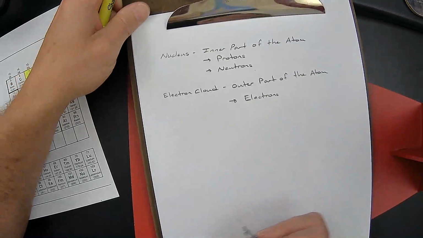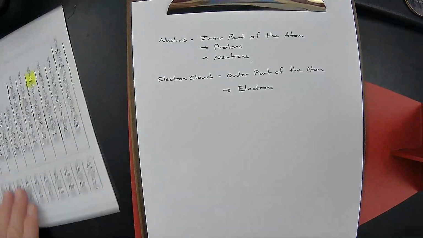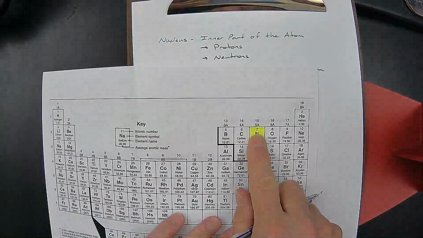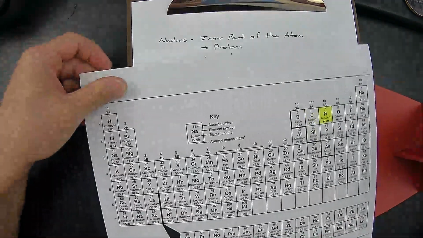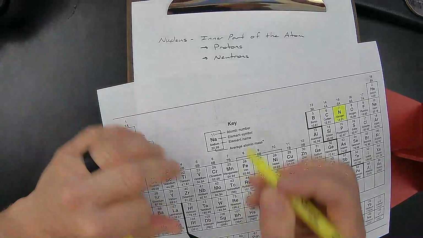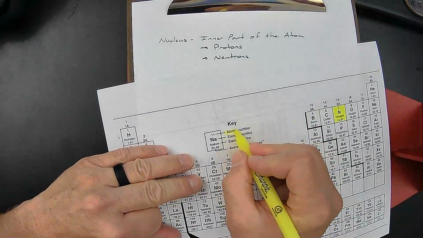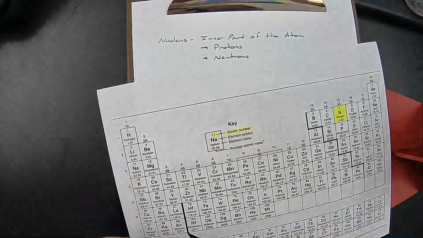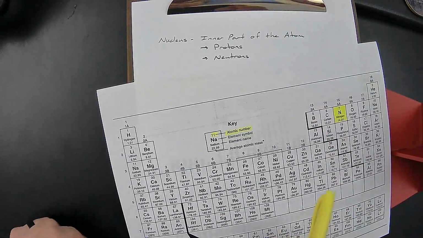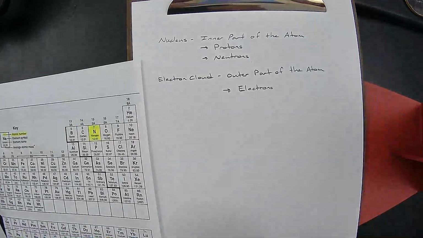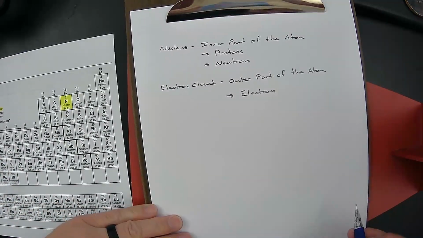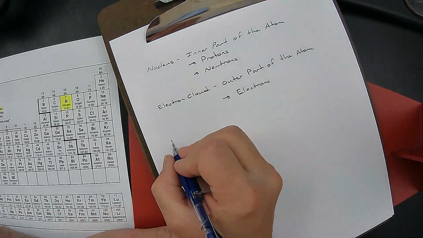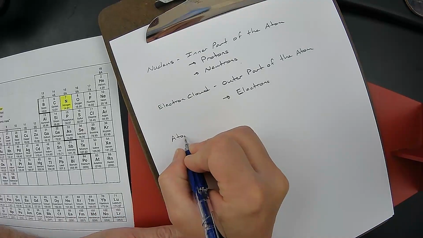Now, the outer part of the atom only contains electrons. So here's how we're going to begin reading the periodic table. The first thing that I want to point out is this number on the top, which is termed the atomic number. The atomic number is going to indicate two things.